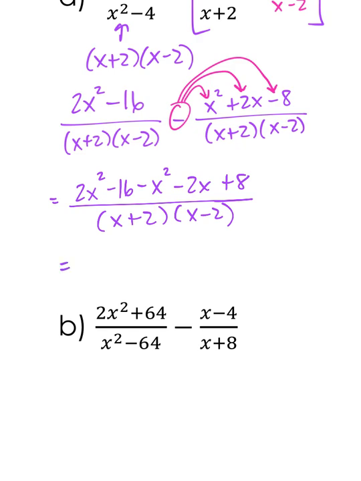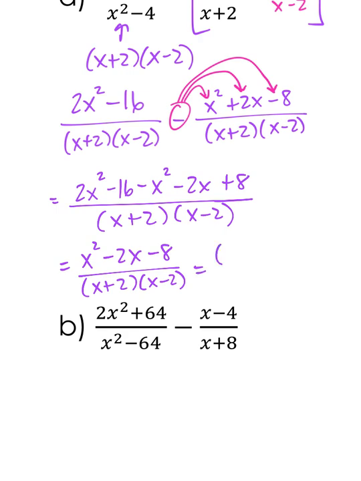And then we are going to simplify as much as we can here. So 2x squared minus x squared gives me x squared. This minus 2x is the only x term I have. And then negative 16 plus 8 gives me negative 8. And then we do want to see, hey, can this be simplified? Or can this be factored? And it can.